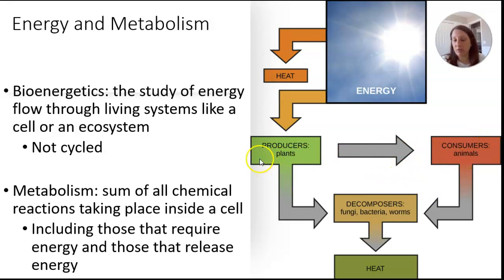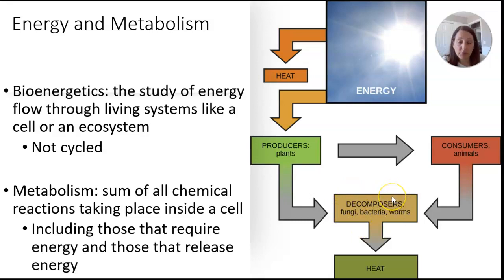When we die, or when producers die, there are organisms called decomposers, which get their energy through the process of decomposition. Fungi, bacteria, and worms, which are animals, are involved in breaking down dead or decaying organic matter and pulling energy out of that.